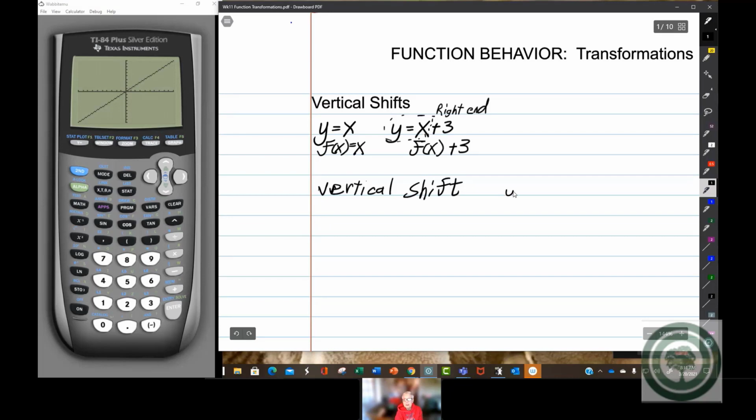If you've got a function and you want to shift it up 3 units or down 3 units, then where you write that, regardless of what this looks like, is with a +3 out here on the far right side.